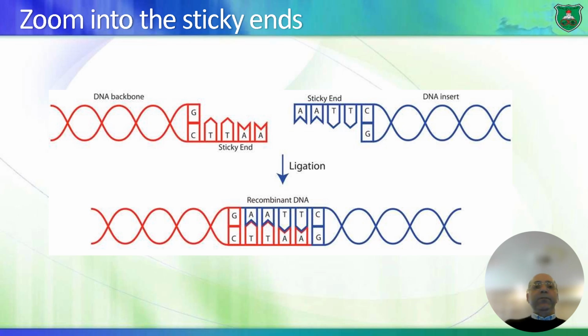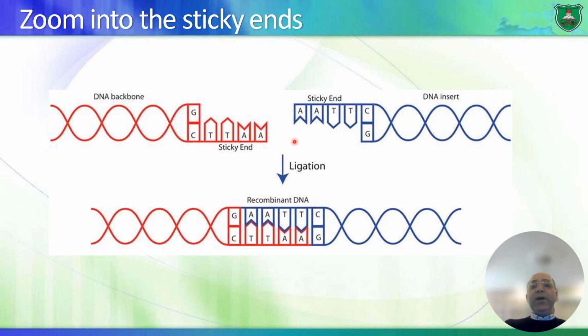Now, if we have two different pieces of DNA from different sources, and we have them cut by EcoRI, we're going to have the formation of several restriction fragments, but all of them are going to have cohesive ends.